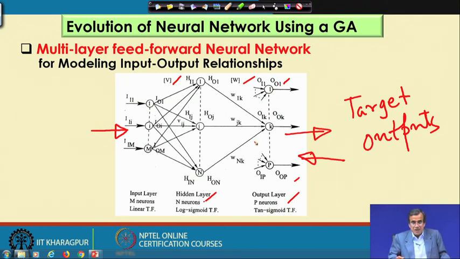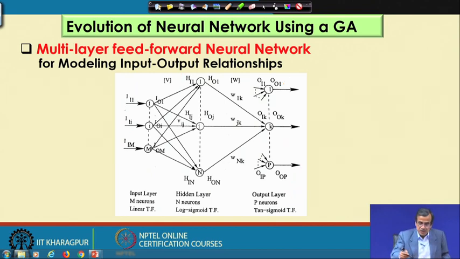So, we will have to find out the suitable or optimal values for these design variables, so that this network can make predictions more accurately. That means, for a set of inputs, it should be able to predict the set of outputs accurately.